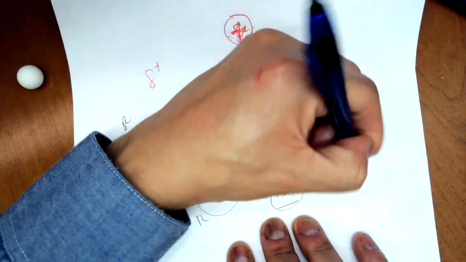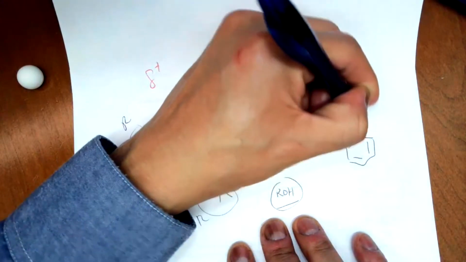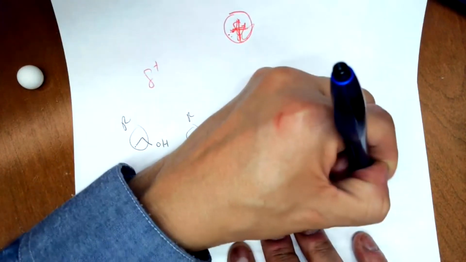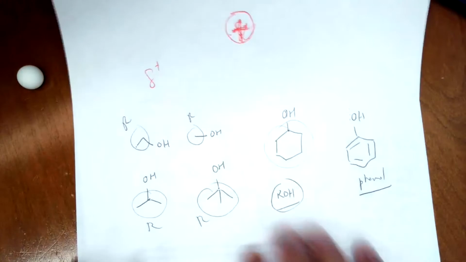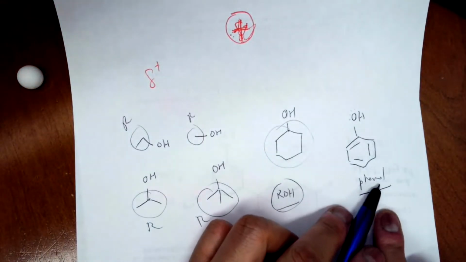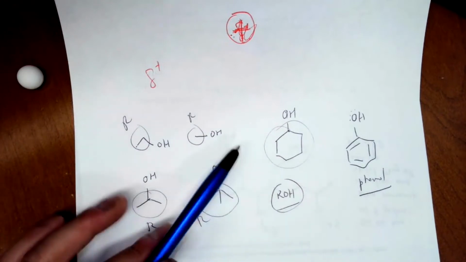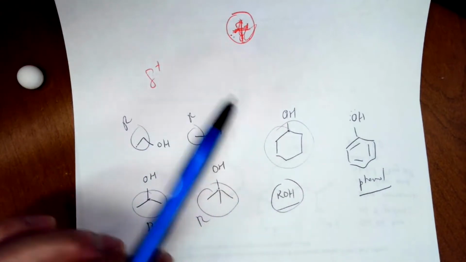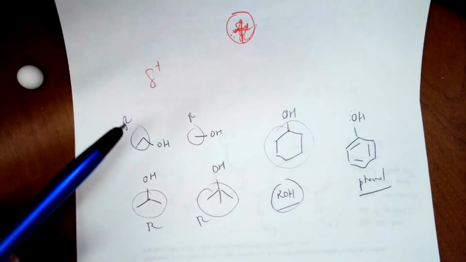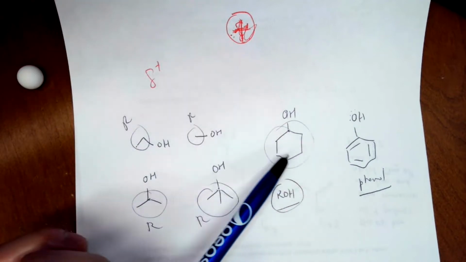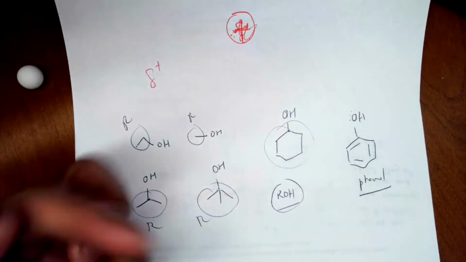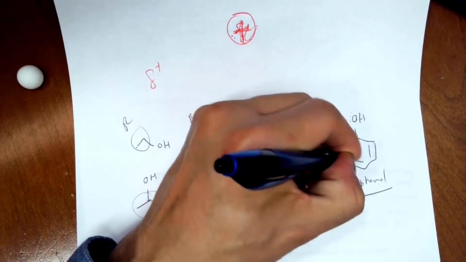Or you say, what about this compound? This compound is called phenol. Phenols are also nucleophilic, but between the two, which one is more nucleophilic? I would say the alcohol, because remember that this OH is involved in resonance.